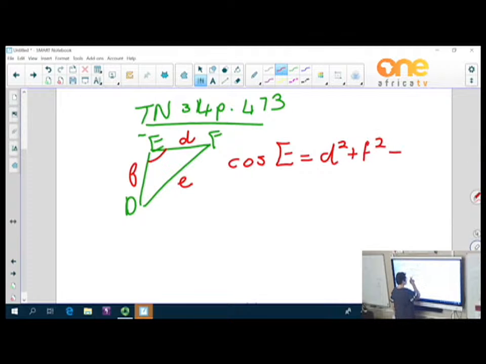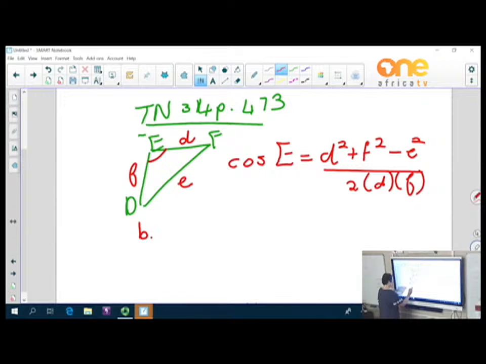The one opposite the angle is the one that you're going to subtract, over 2 times D times F, the cosine rule to find the angle. Number B, this is PQR.